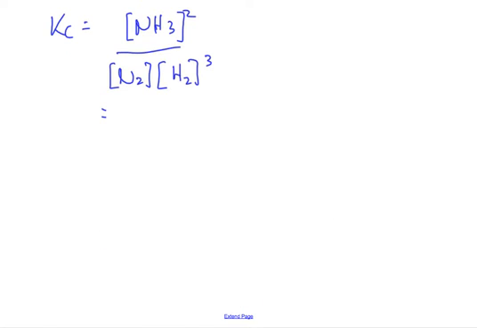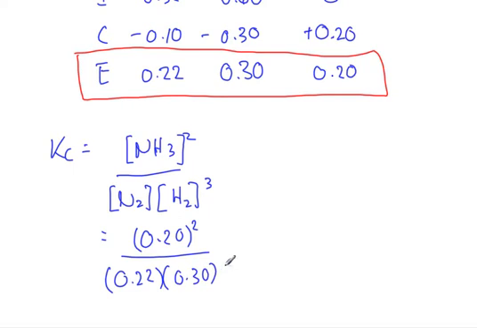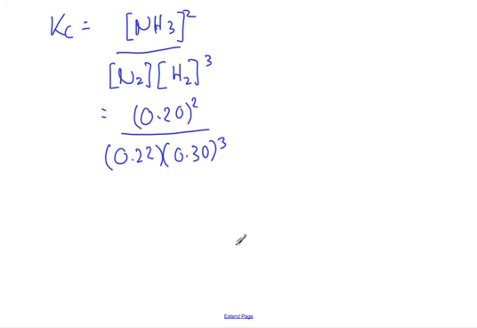And our values, again, from our equilibrium were 0.20 squared, over 0.22 times 0.30 cubed. And so when you plug all that into your calculator, you come up with an answer of 6.7. So the equilibrium constant Kc equals 6.7.